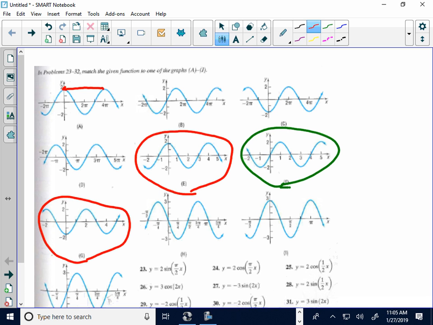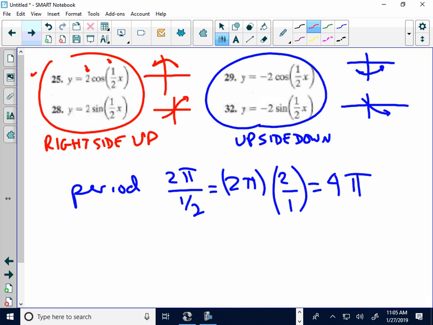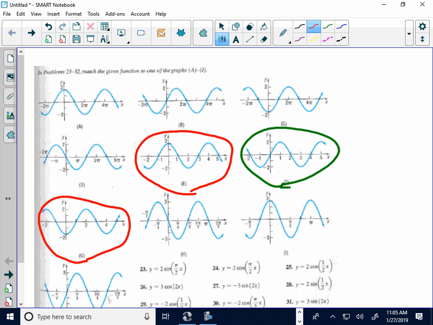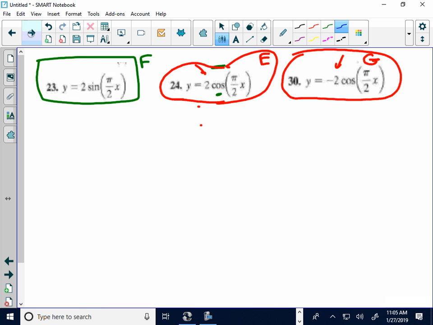So right side up, cosine, period 4 pi, amplitude 2, perfect. That's the one that goes with number 25, okay? So 25 is A. Let's use a blue one for that.